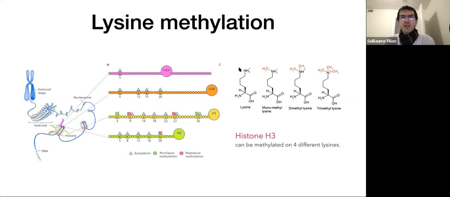So what does it mean, lysine methylation? It looks like that. So that's a lysine residue here. There is the side chain with this NH3 part at the end. So the side chain is relatively long compared to other side chains. And here you can have one methyl group, two methyl groups, or three methyl groups. You exchange these hydrogens that are here for a carbon plus 3 hydrogens. So when it's triple methylated, it looks like that.